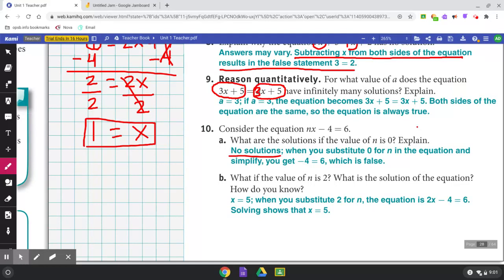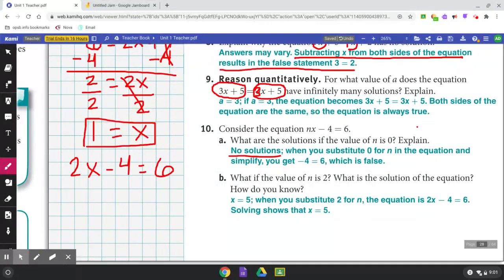Okay. So what if the value of n is 2? What is the solution of the equation and how do you know? Well, if I substitute in 2 for n, I've got 2x minus 4 equals 6.